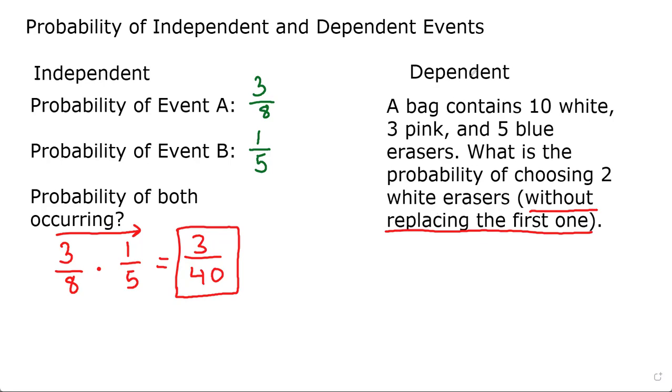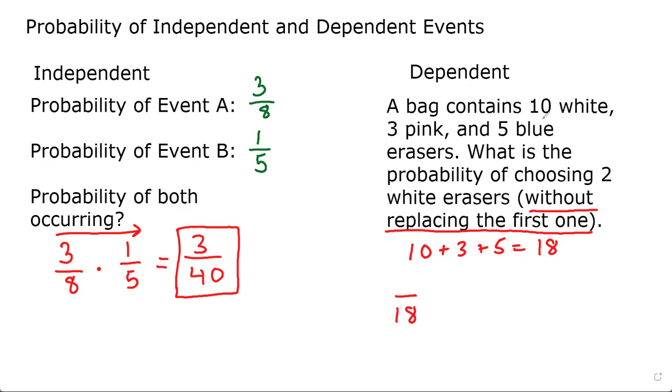That's why it's dependent. Picking the first one changes the second one. So first we have to figure out what the sample space is. It is 10 plus 3 plus 5, and that equals 18. So 18 is going to be the bottom number because that is our sample space.